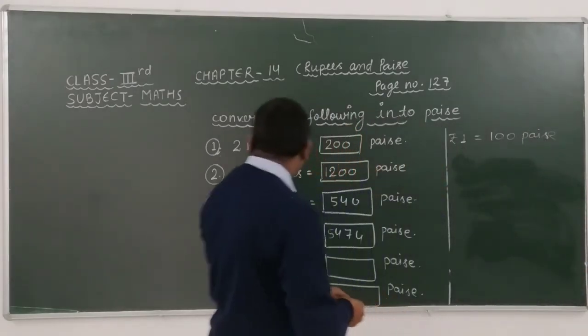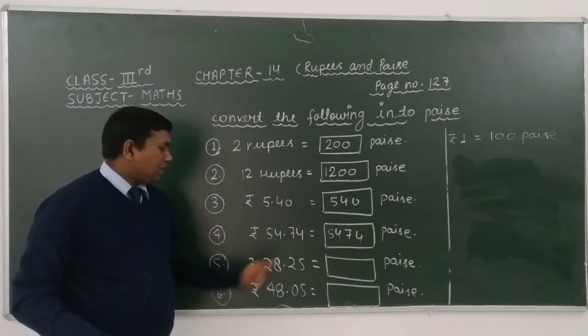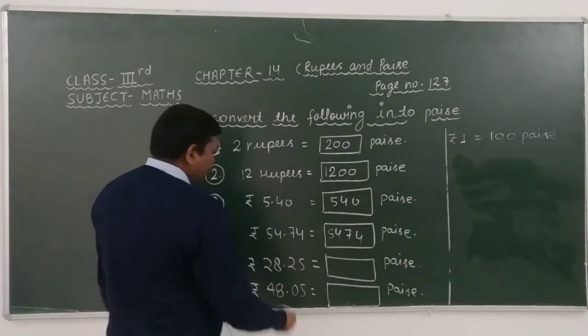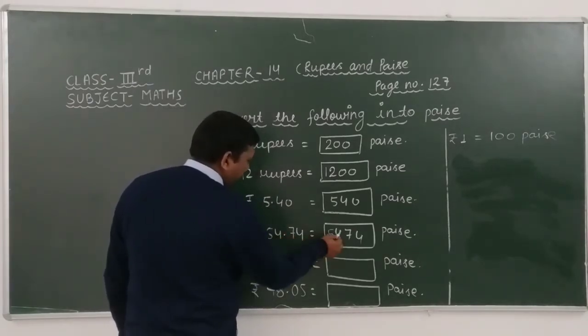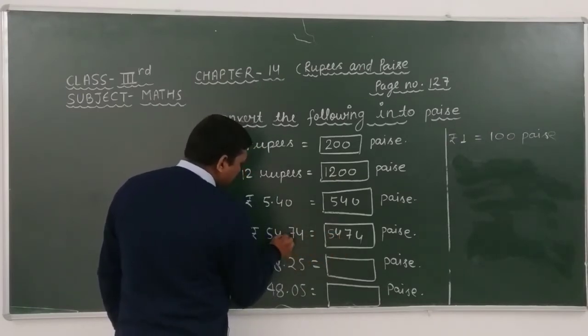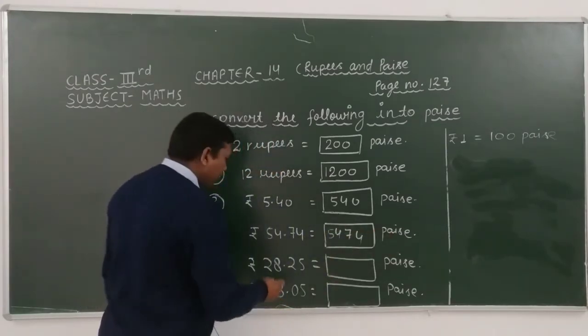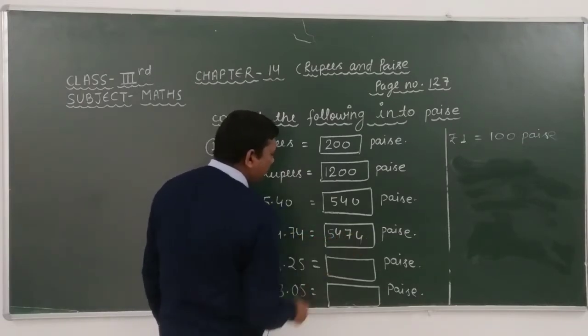Similarly we have to solve question number 5. Look at it carefully. Here it is given rupees 28.25. In this question, if we remove the decimal point from here, then we can change rupees into paise. It means that 54.74 is equal to 5474.